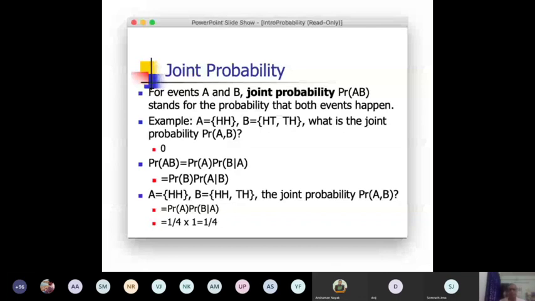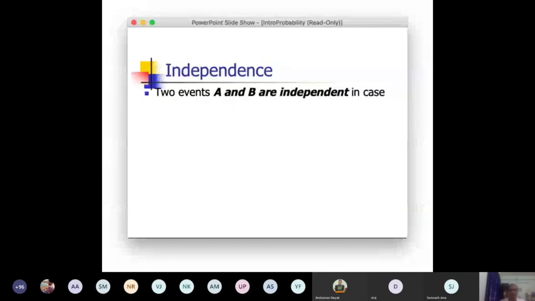So there is another concept that I just mentioned earlier also. We say the independent occurrence of an event with respect to the other.